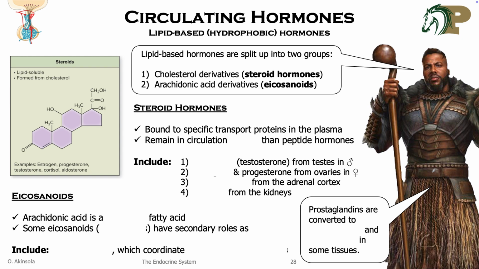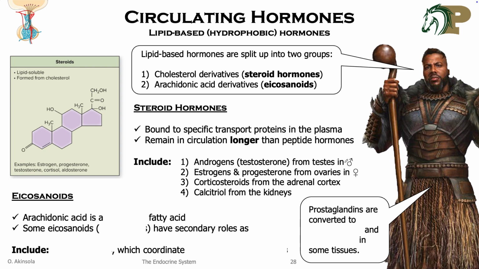They remain in circulation longer than peptide hormones. They include androgens, such as testosterone from the testes in males, estrogens and progesterone from the ovaries in females, corticosteroids from the adrenal cortex, and then calcitriol from the kidneys. So, a very short list for steroid hormones.